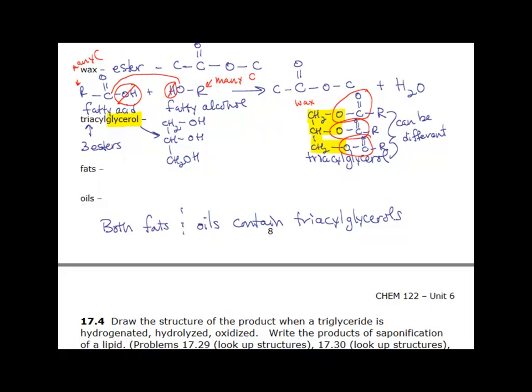Is it a solid at room temperature or is it a liquid at room temperature? Fats are solid at room temperature. And where would you obtain a fat? Would you obtain it from a plant or an animal? So these are obtained from animal sources. You can think of lard as an example. That's definitely a solid at room temperature.